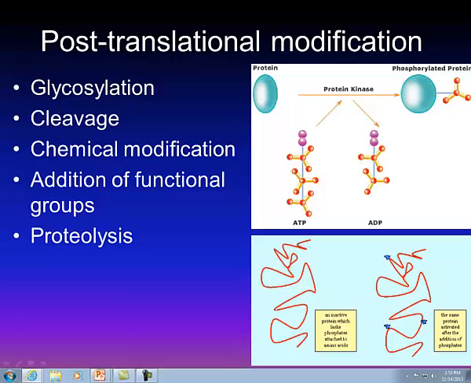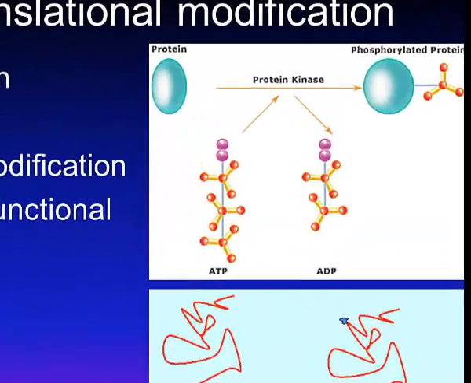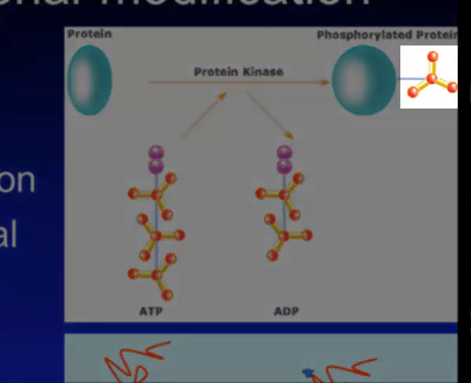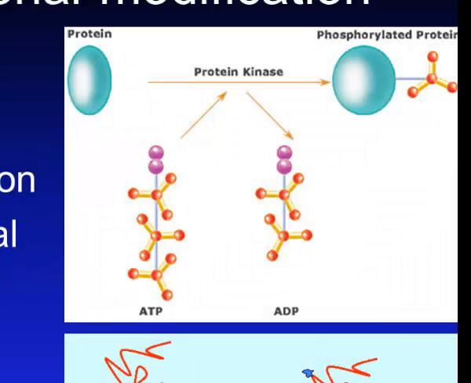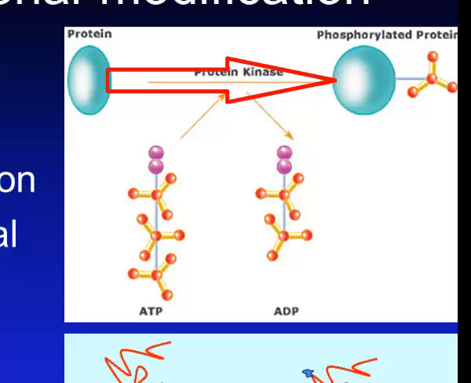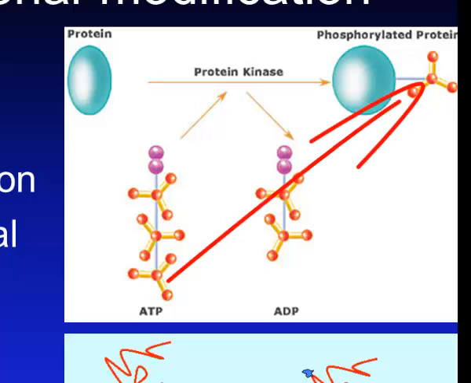Okay, so the mutant protein produced by the BCR-ABL gene actually plays right into this. Remember, what it's doing is it's adding a phosphate group to proteins. So it's adding an additional functional group. And the proteins that it's modifying are going to be changed. Their shape, their tertiary structure is going to be altered, and their function is going to change. So ATP is going to have one of its phosphate groups removed.